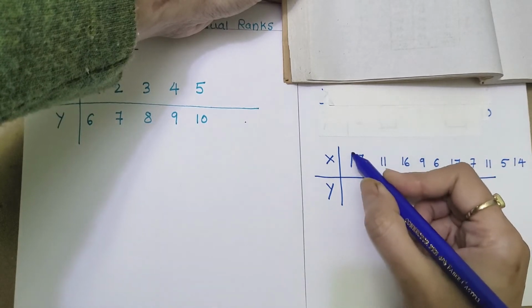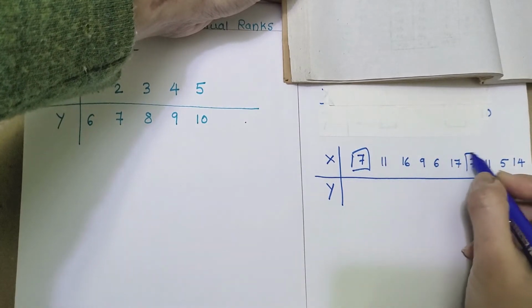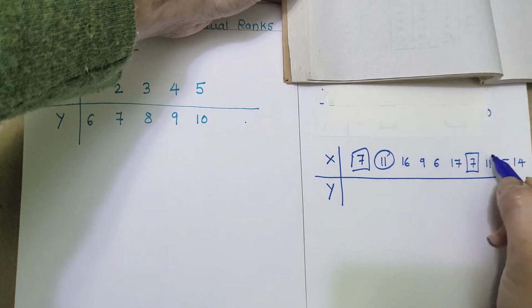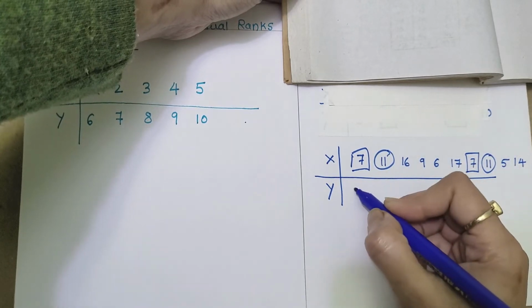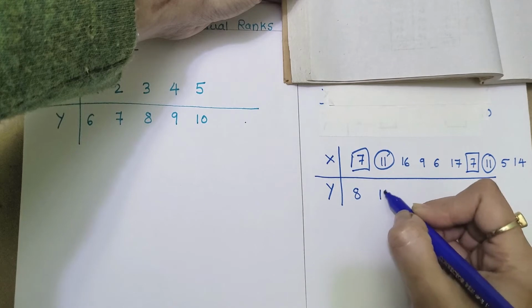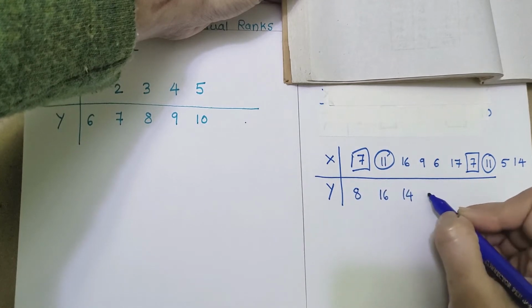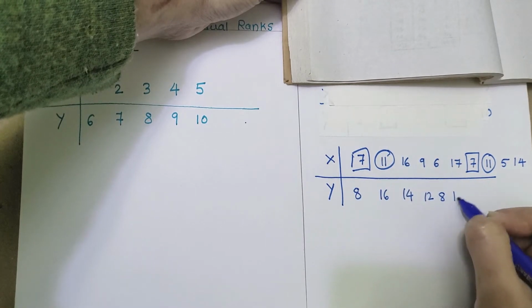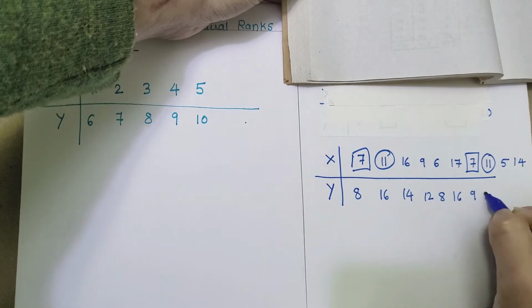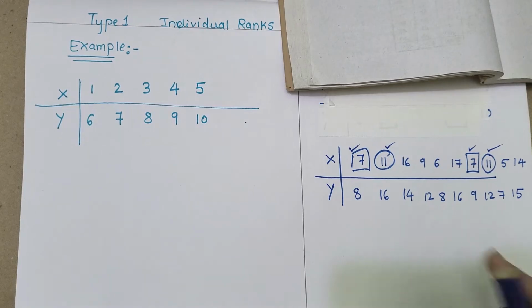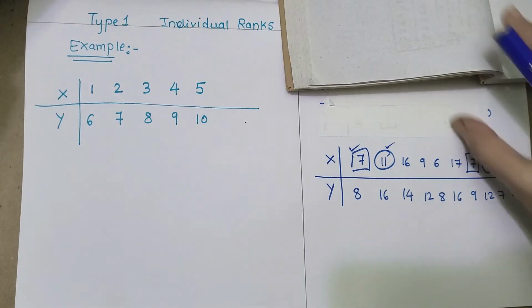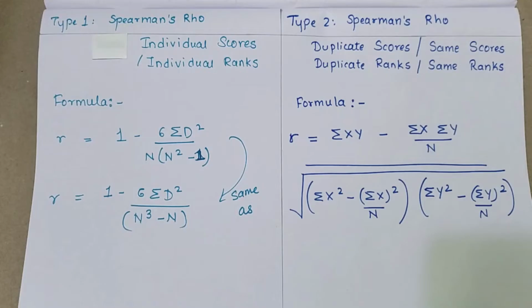So you can see 7 repeats, 11 repeats. Then again for y, these are the values. Whenever you see this kind of problem, you have to apply the second formula.